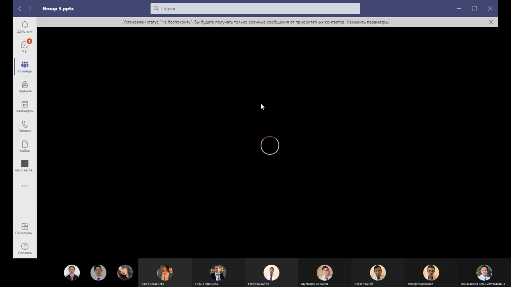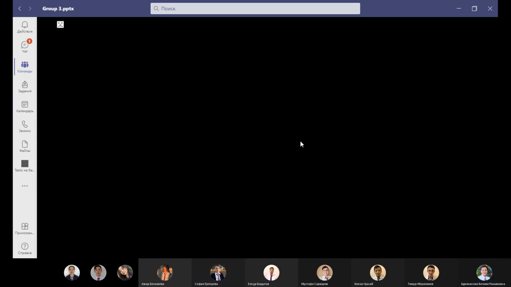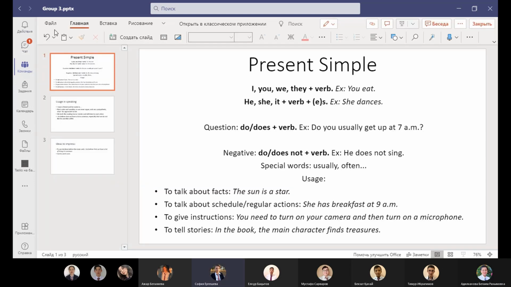Present simple. Okay, present simple. So the rule: we use personal pronouns like I, you, we, they plus verb. For example, you eat, and he, she, it plus verb plus the endings s or es. For example, she dances. Also, we can use other nouns like bird, car, for example, a bird flies.